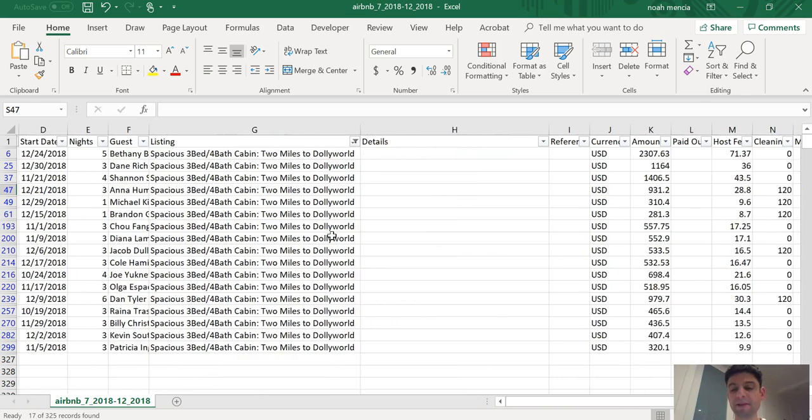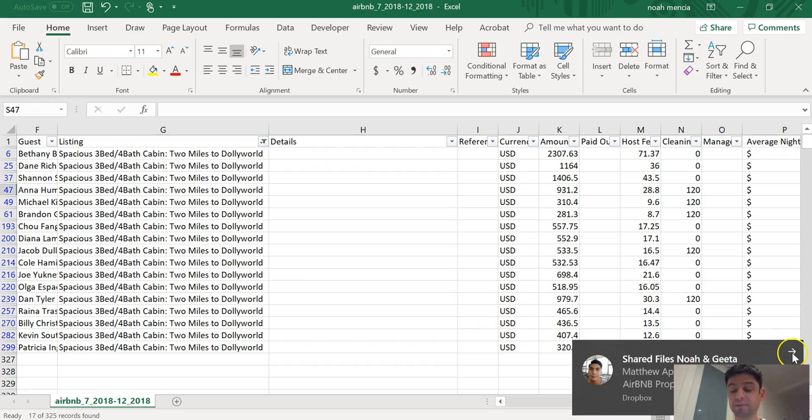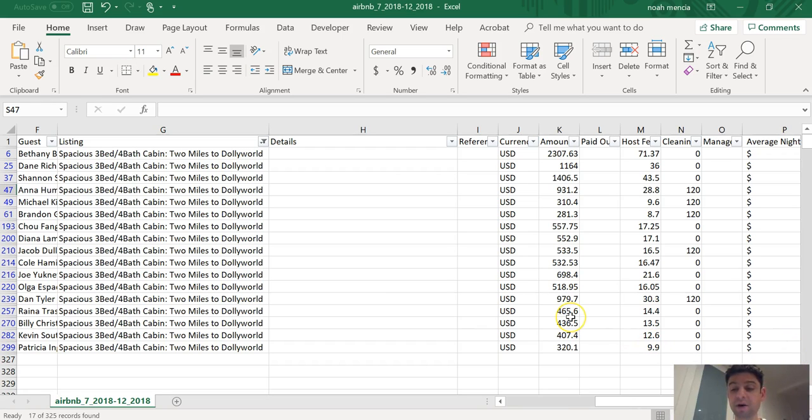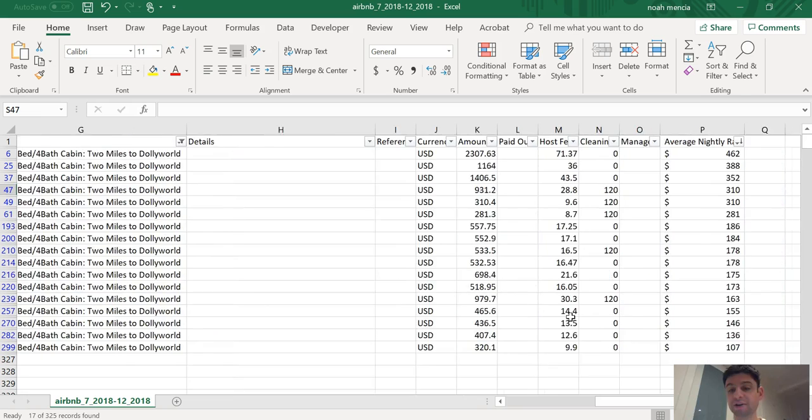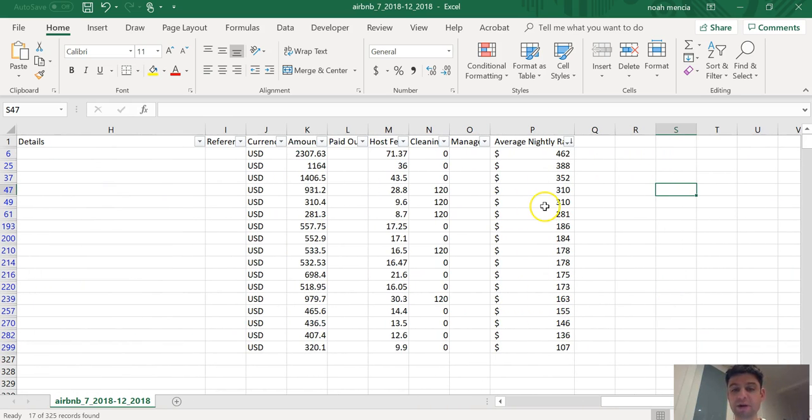A typical month is probably March, April. May's great, June's a good month, July's the best month, October's phenomenal, August is good. So it's hard to know what the average price will be for this property yet, but I know it's going to be somewhere in the $200 range.